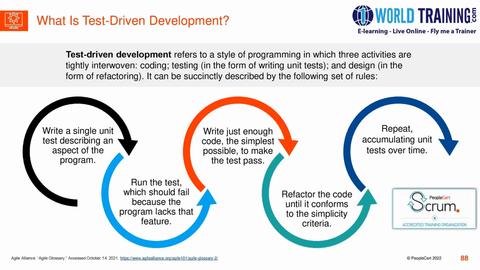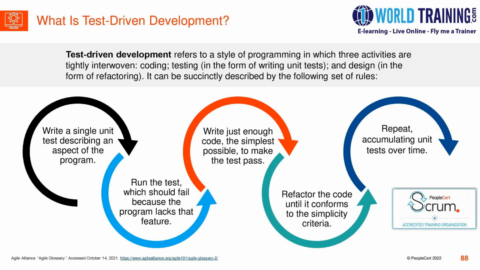The fourth step is to refactor the code, until it conforms to the criteria of simplicity. All the code should be refactored and ensured to conform to the requirements of simplicity. Once you have refactored the code, we repeat the whole process.